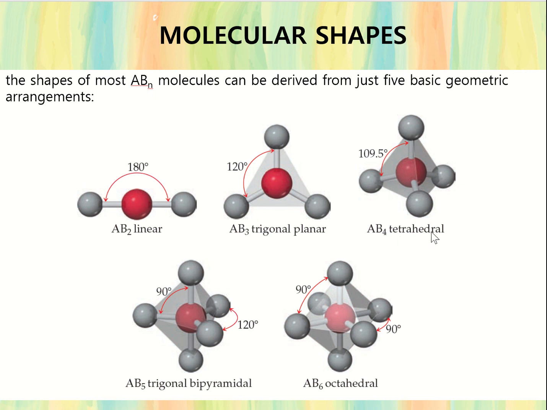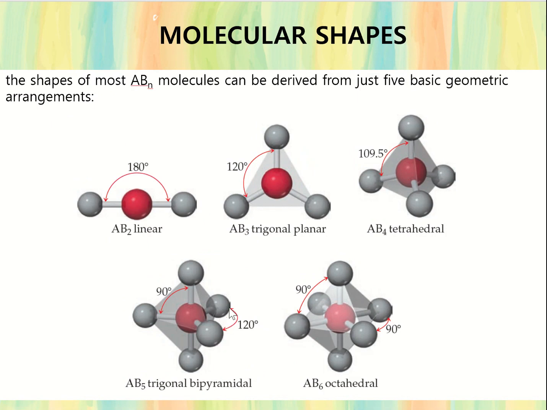For tetrahedral, AB4, we have 4 things attached to a central atom, and the angle, as we saw with carbon tetrachloride, is 109.5 degrees. So for trigonal bipyramidal, we have like a triangle in the middle, and then we have these two bonds here, which forms the shape trigonal bipyramidal.